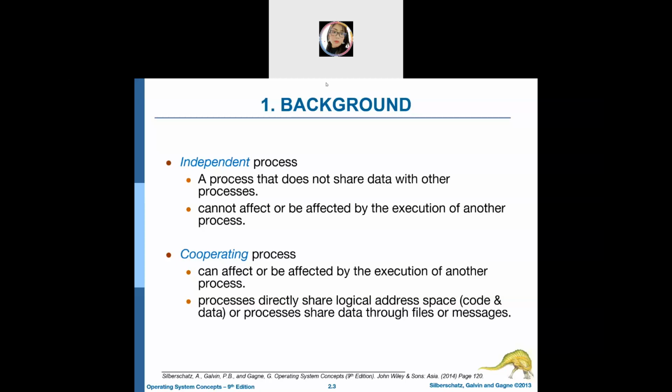Okay, sorry. Let's continue. There are two kinds of process that you need to know how to differentiate between: independent and cooperating process. Last time I briefly discussed with all of you what an independent process is and what a cooperating process is.